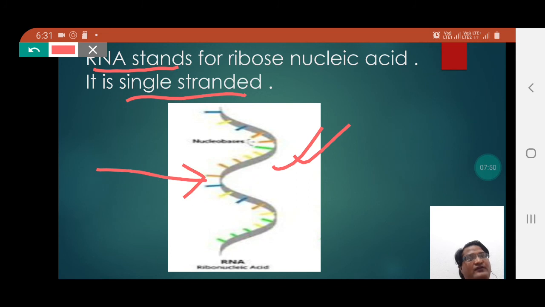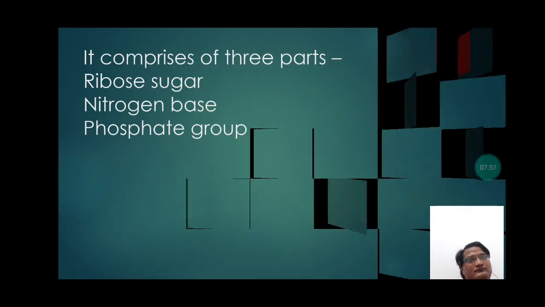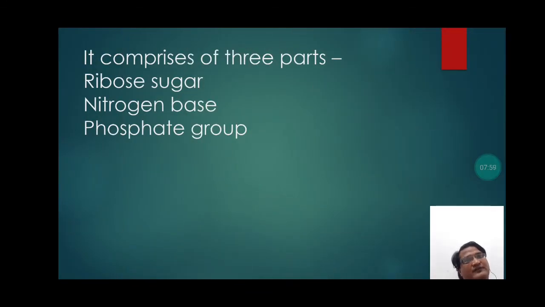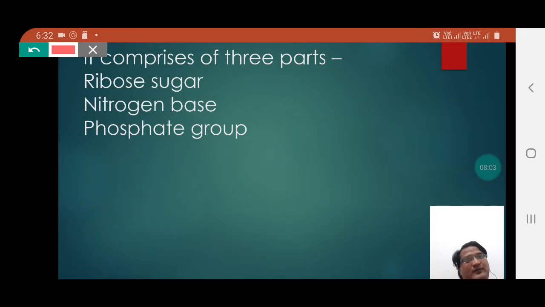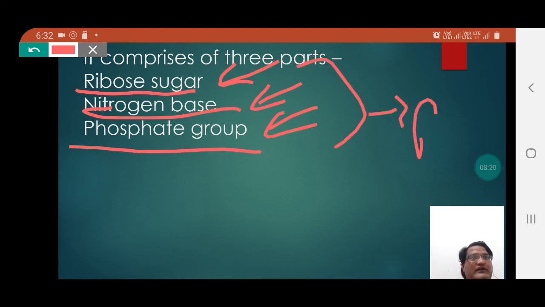RNA comprises 3 parts: ribose sugar, nitrogen base, and phosphate group. So students, these 3 parts form RNA.